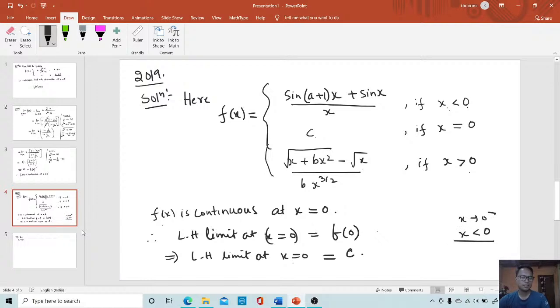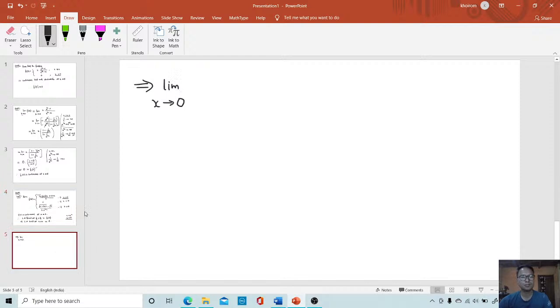Since x is less than 0, we have to take the first function. We will put the values. So the limit of sine of (a plus 1) x plus sine x, divided by x, is equal to c, right?